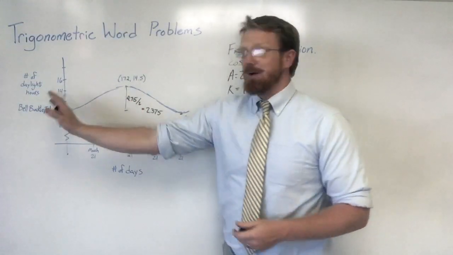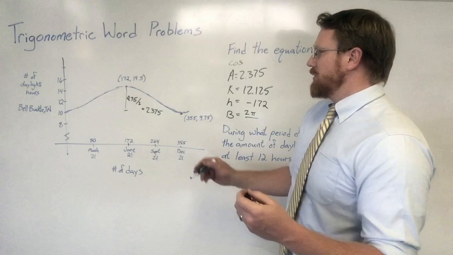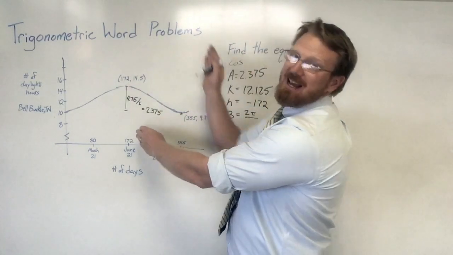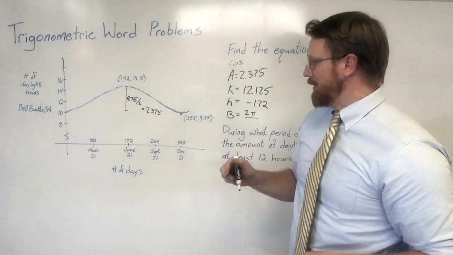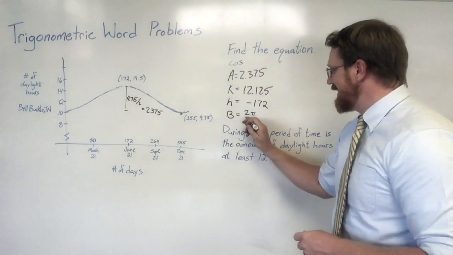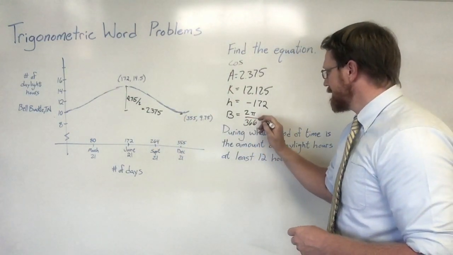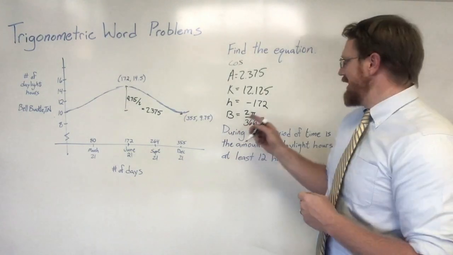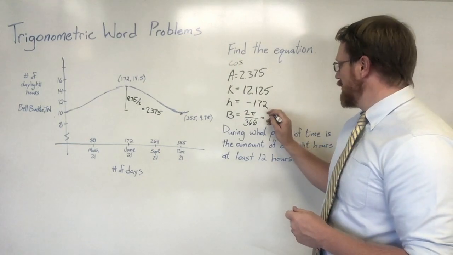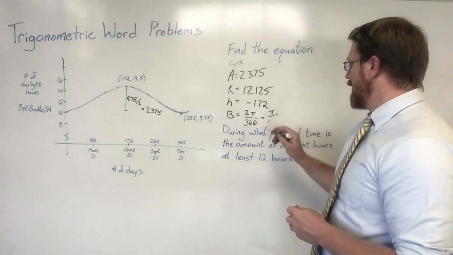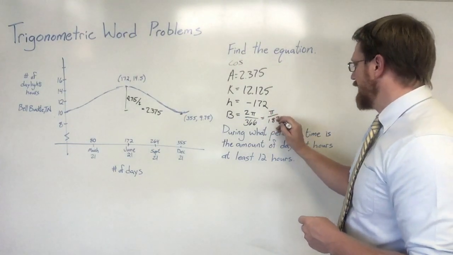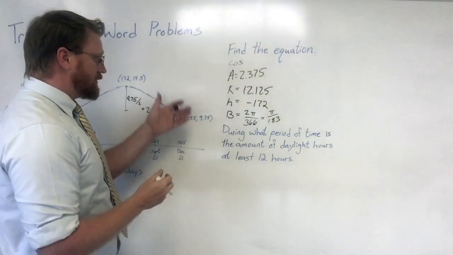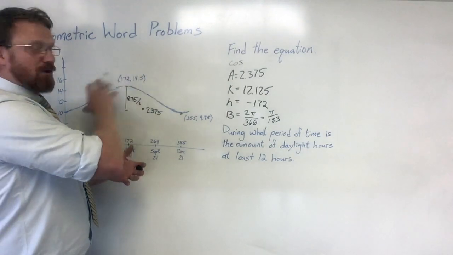The trough is actually behind the y-axis. So the best way is to go crest to trough, find how many days that was, and double it, and that'll give you the true period of 366 in this case. I could reduce that down a little. I don't want to make a decimal out of that, but I'd certainly divide both of them by 2 to get pi over 183.